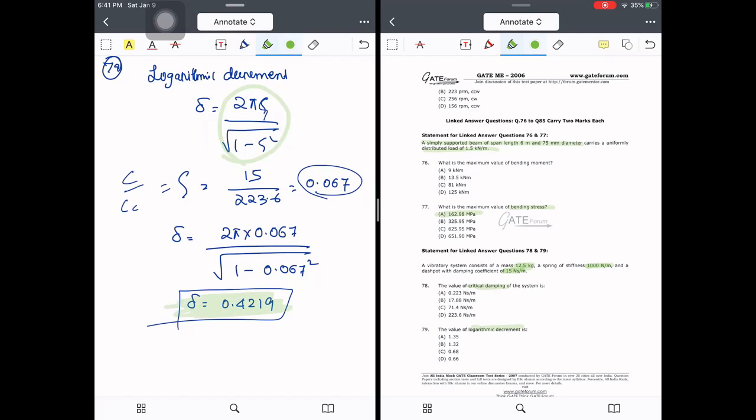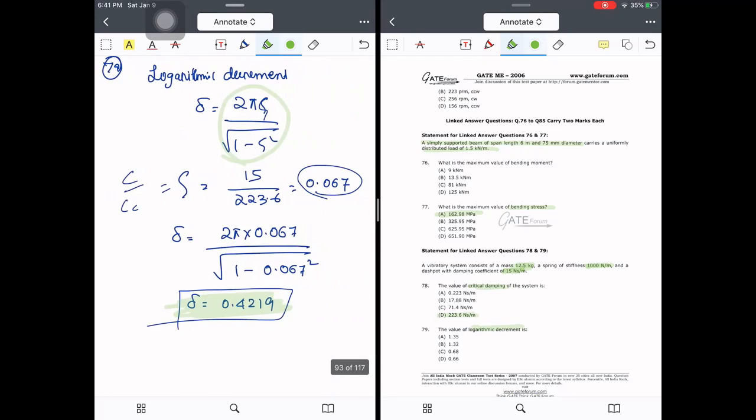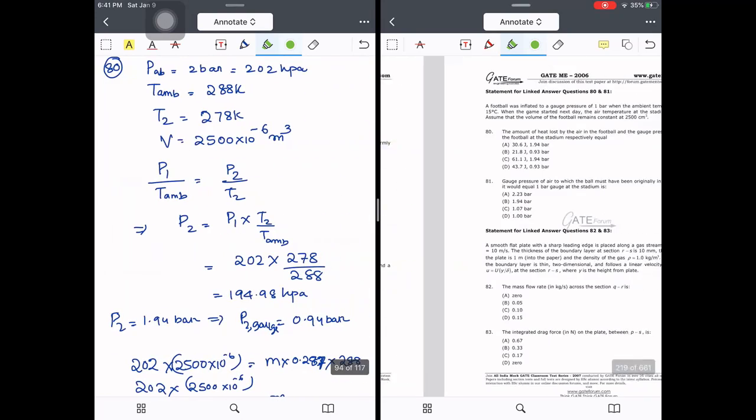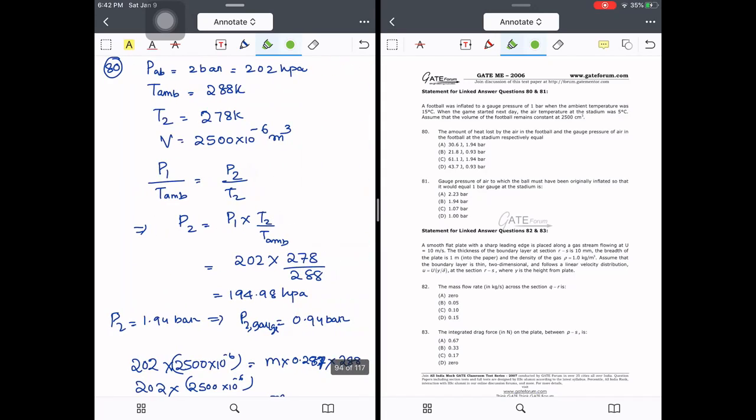Just divide it and you will get zeta value is 0.067, and from here you can get the value of delta, the logarithmic decrement, that is 0.4219. Again I am getting something different. I tried more than once and I get the same answer, so I will keep my answer as same. I'm not getting the given answer here, but here I am getting the answer 223.6.